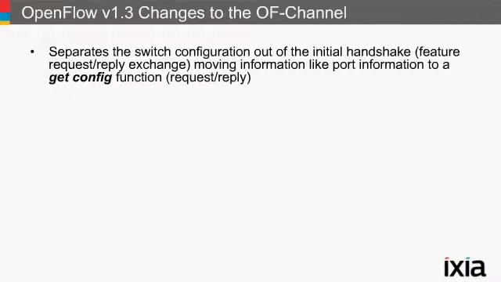That came out of Stanford. In 2011, Stanford produced version 1.1. Version 1.1 was the most current version when the Open Networking Foundation was started. Since the ONF has started, it is now taking this standard and progressing it. The first update it produced was version 1.2.